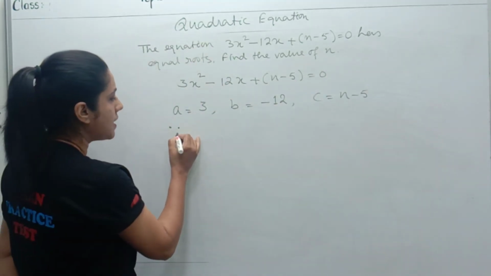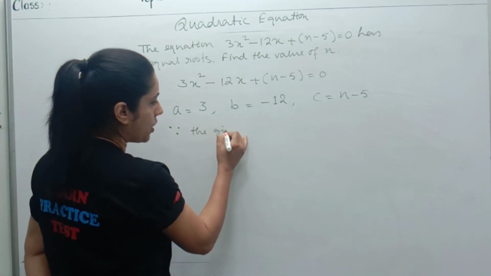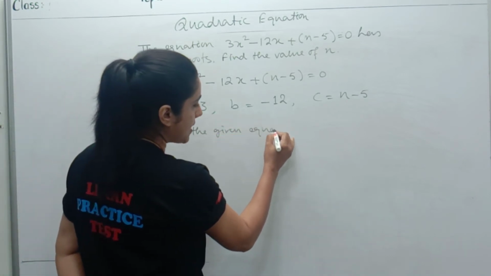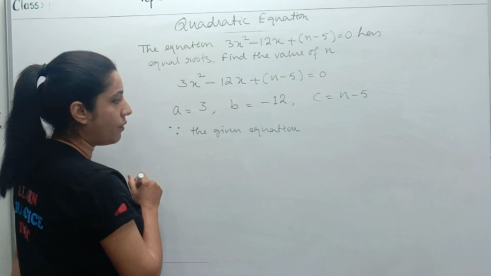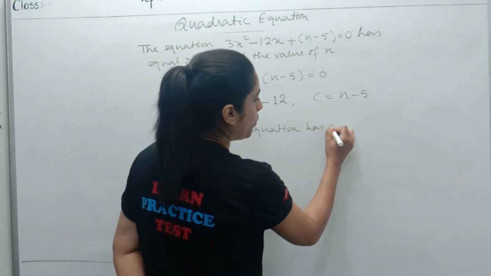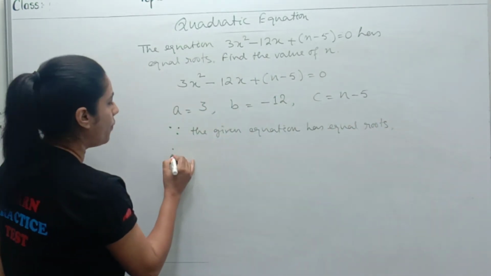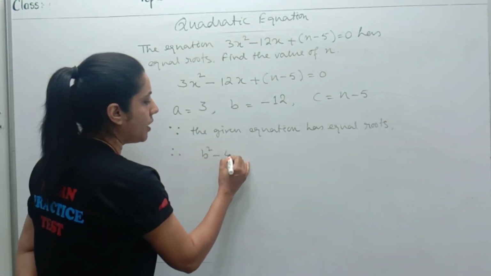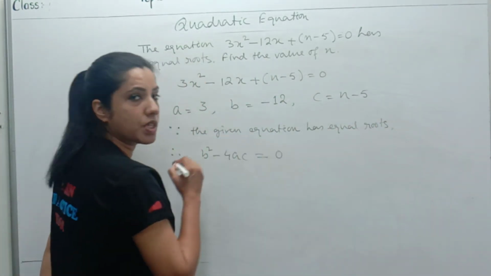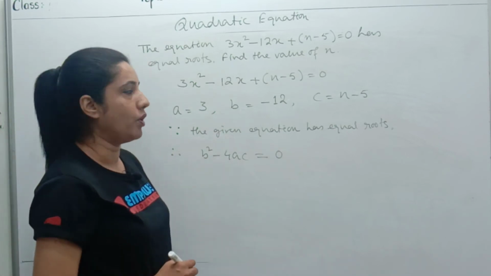Now since the given equation has equal roots, therefore b square minus 4ac should be equal to 0. This is the criteria for equal roots.